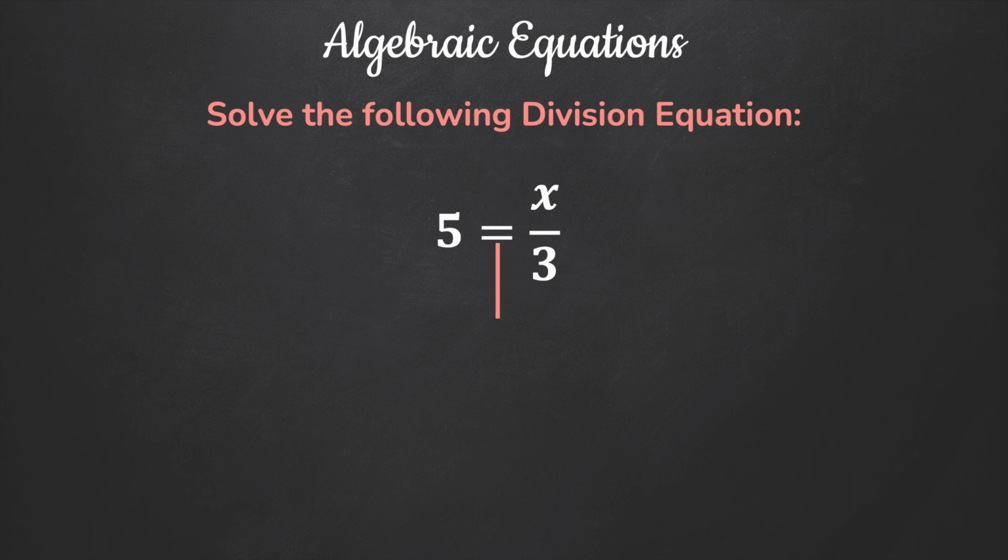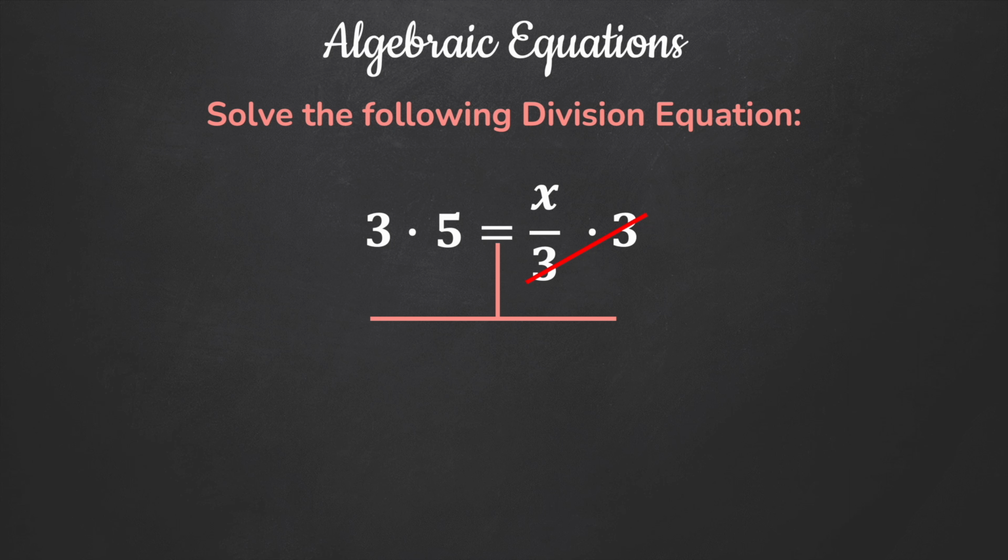And our goal is to get x by itself, so we need to undo the fact that it's being divided by 3. And in order to do that, we're going to multiply by 3 so that those cancel each other out. Whatever we do on the right side, we're going to also do on the left side. So we're also going to multiply by 3 on the left side. Now, these are going to cancel out because we're dividing and multiplying by the same number.